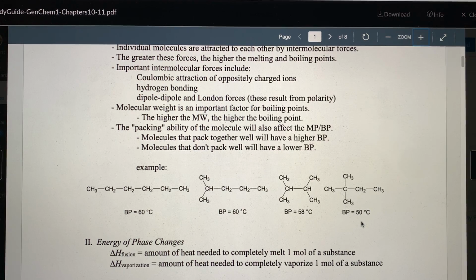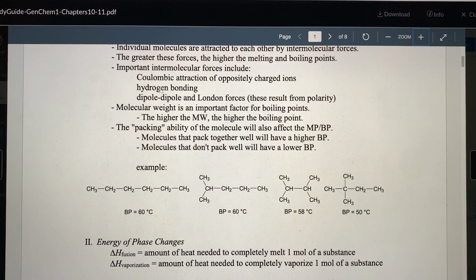Okay, so that's the first topic, intermolecular forces. Be able to identify the type of intermolecular force in a given compound, and to do that, you need to know the polarity. If the compound is ionic, we call it ionic or Coulombic.